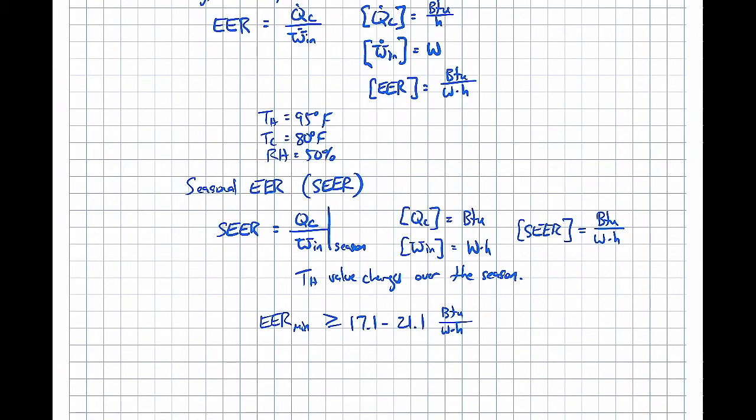For SEER ratings, a high efficiency value for today's air conditioning units might be on the order of 18 to about 27.5 BTUs per watt hour. So that kind of gives you a feel for what sort of range you might have for these various quantities. So that's for air conditioning.